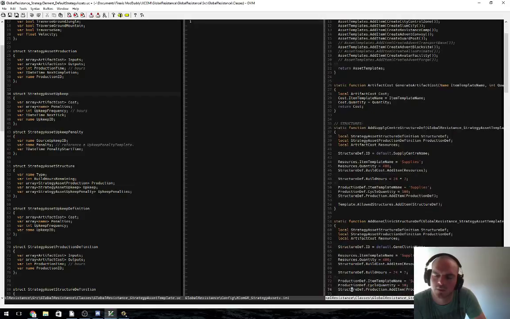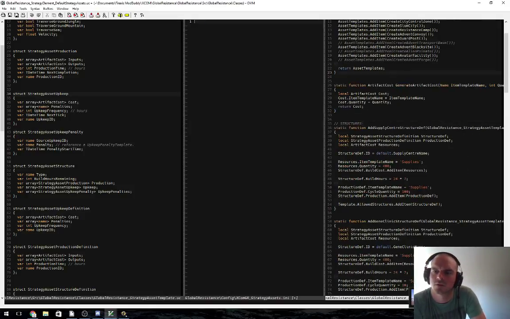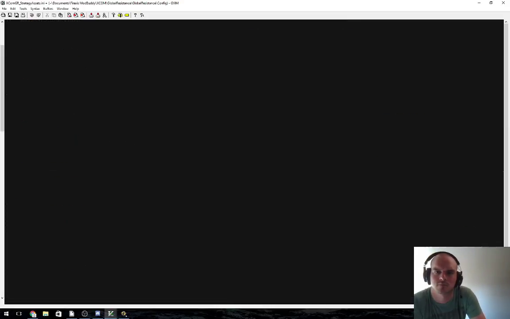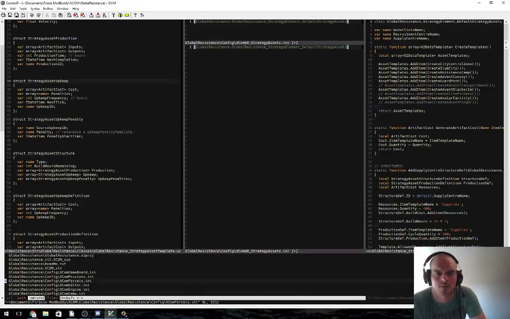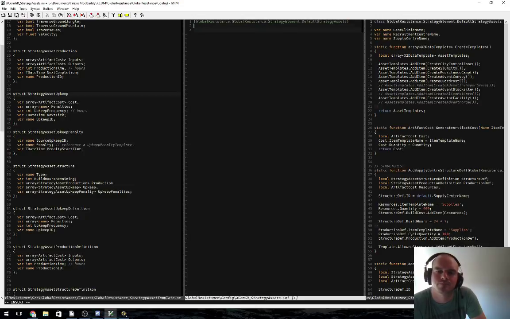Yeah, let's say we're trying to make the supply center structure more efficient. It's got an ID and name. Let's pull this stuff together and then go from there. Global resistance. Yeah, that's about right. Okay. Cool, let's carry on.